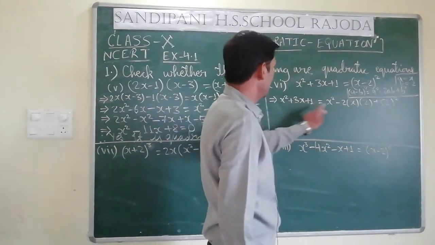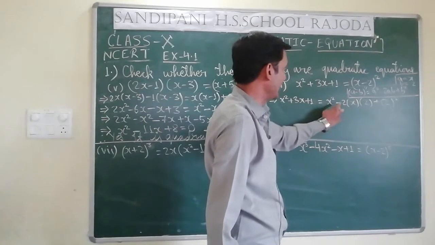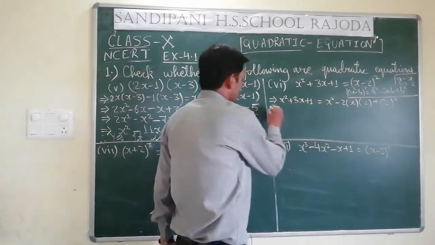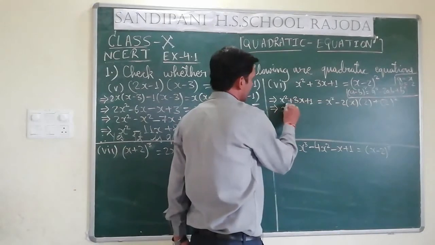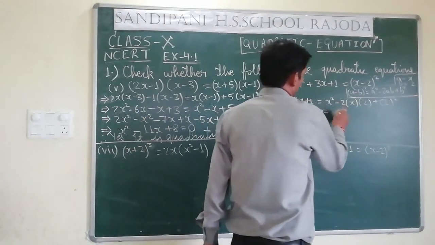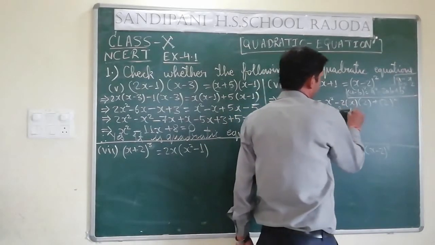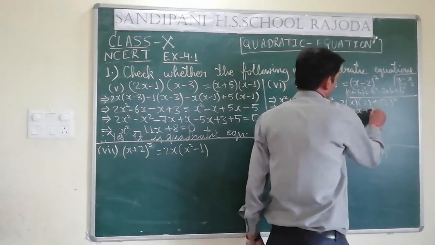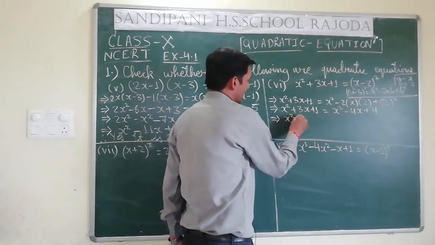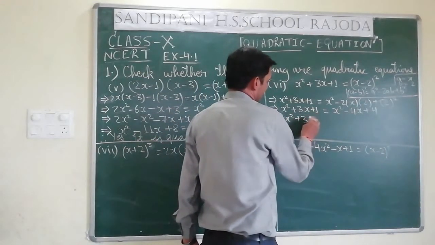A minus b whole square is equal to a square minus 2ab plus b square. So it will be x square plus 3x plus 1 is equal to x square minus 4x plus 4. It implies that it will be x square plus 3x, or you may write minus x square directly here.